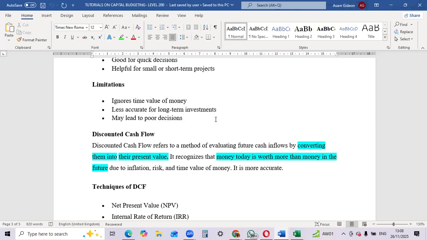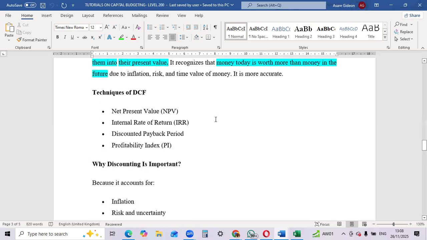Risks. It could be that there's going to be COVID-19, a fire outbreak, anything at all, risks can happen to you. And when that finds expression, then there is a high tendency of you losing your investment. Are we together? So for techniques, we have the net present value, the internal rate of return, discounted payback period, and profitability index.